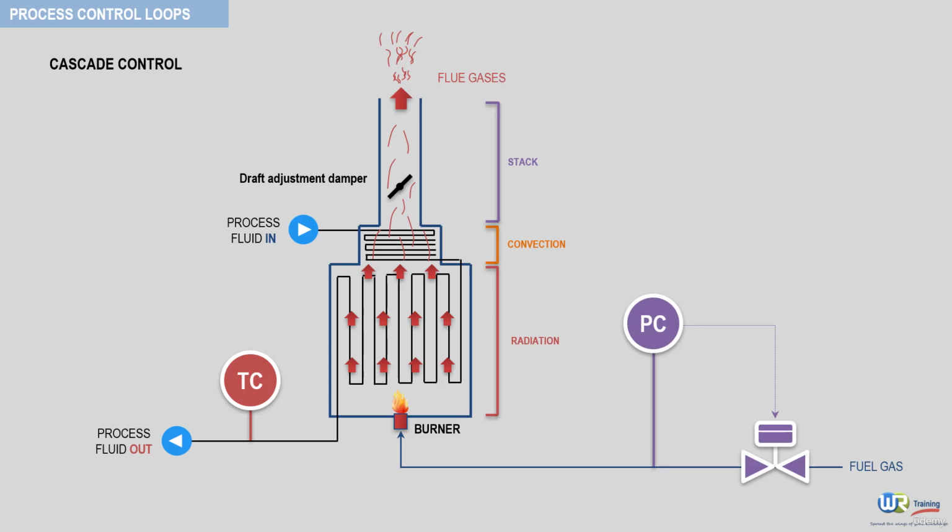In the case of the cascade, this action goes through the pressure controller. When the furnace outlet temperature drops, the temperature controller increases the set point of the pressure controller, and the pressure controller then observes a pressure measurement lower than the set point and makes up for the difference between the measurement and the set point by increasing the opening of the gas valve.